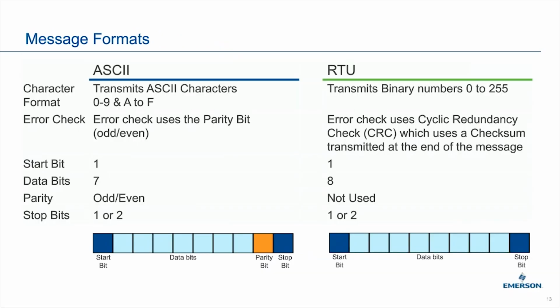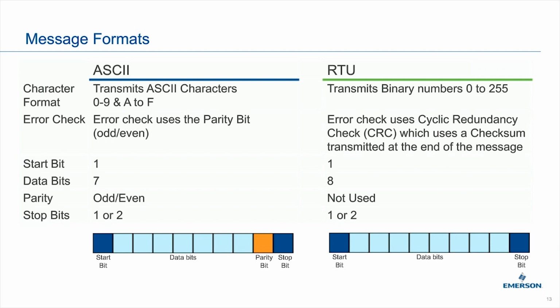Now, before we get into the actual settings, there's 2 major formats that we use for communicating over serial links. There's ASCII, which was the original format, which transmits 7-bit ASCII characters, so it's 0 to 9, A to F. ASCII uses an error check because it's got 7 data bits.